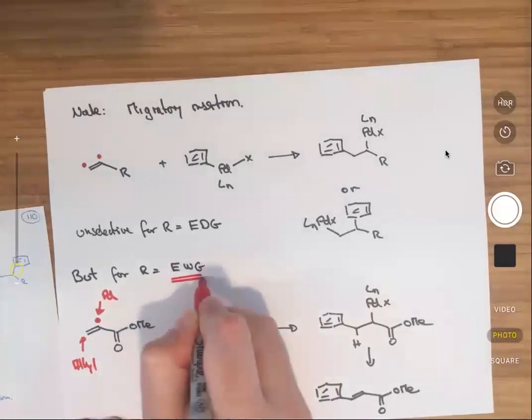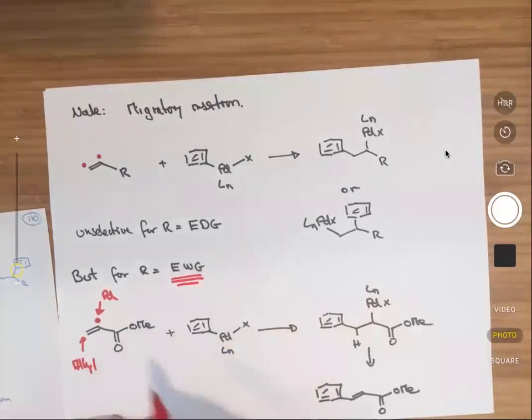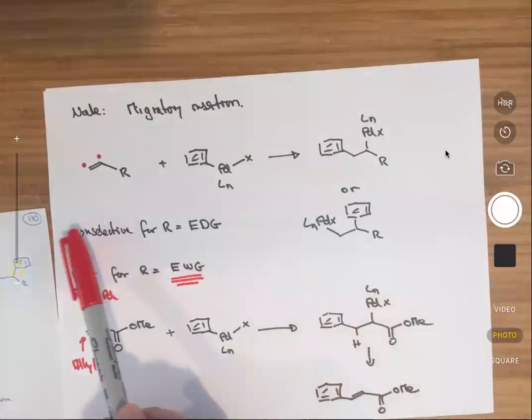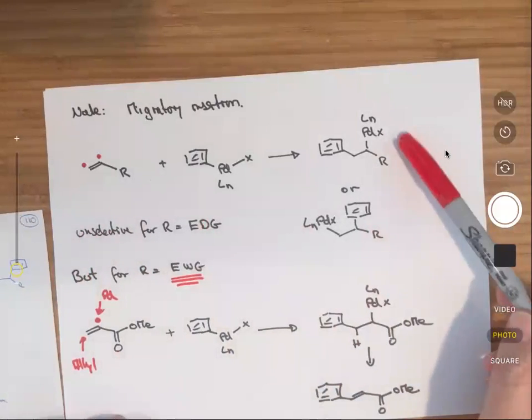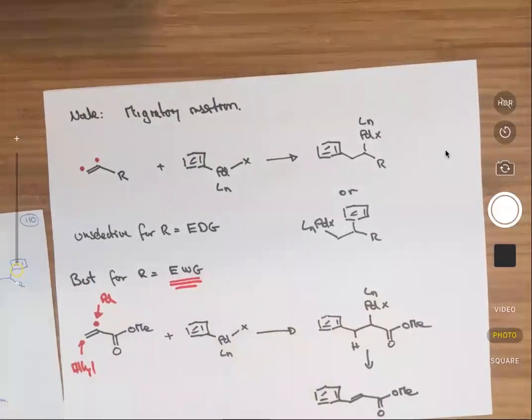So if you have something like an ester, a nitrile, a carbonyl, an aldehyde, or something like that attached to this double bond, you can get this type of selectivity. If you have an electron donating group, you can expect to see a mixture of these two products.